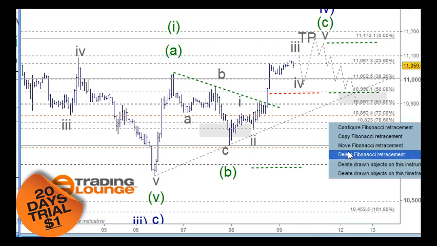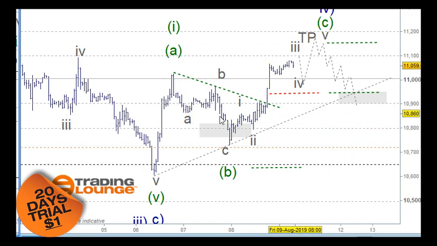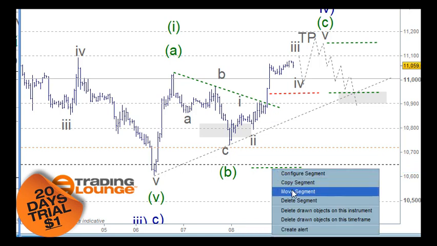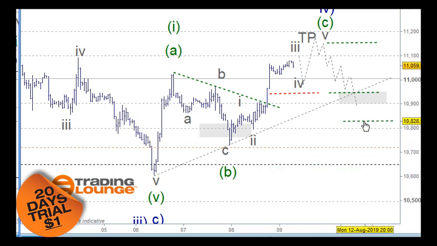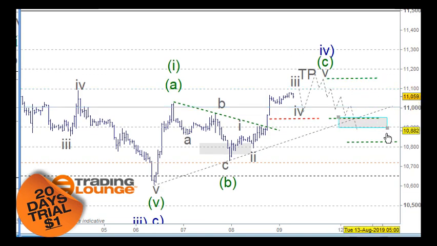There'll be a lot of support, obviously, at 10.9 for this, so don't overtrade there. It will probably be a good idea, if we are going down, to also wait for this number to become the retested resistance, and also to the upside as well.